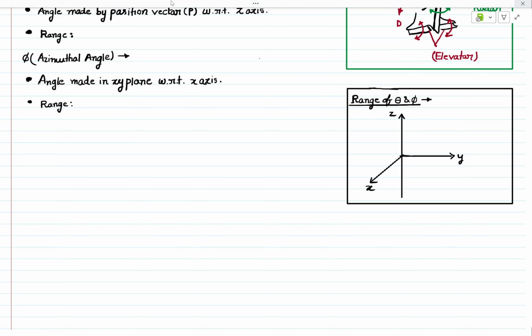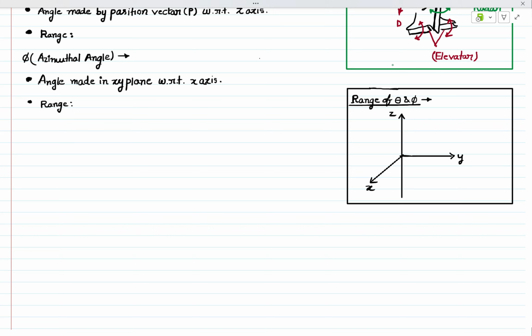Now to make a sphere, how do we have to vary the angles theta and phi, or I can say how you have to vary the elevation and azimuthal angle, that is important. You have to vary these two angles together.